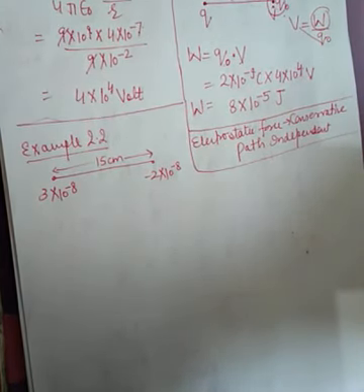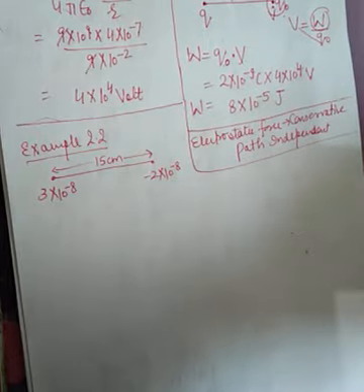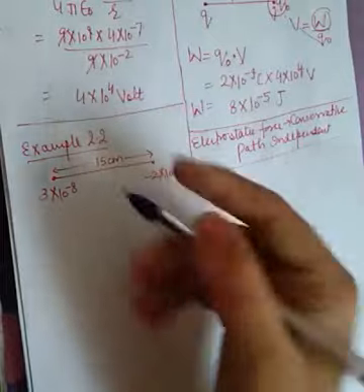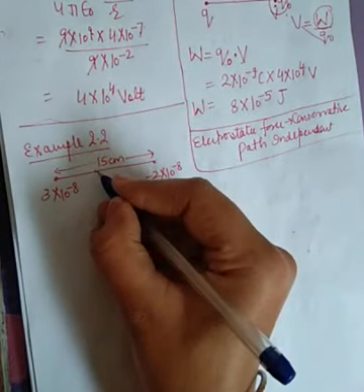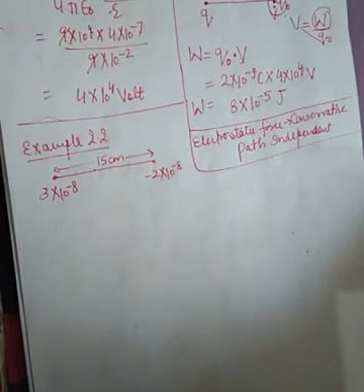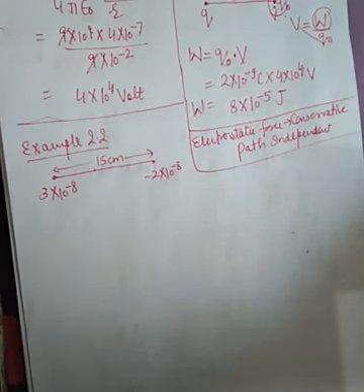It means at what point on the line joining these 2 points is the potential 0. Let the point be nearer to the small charge.